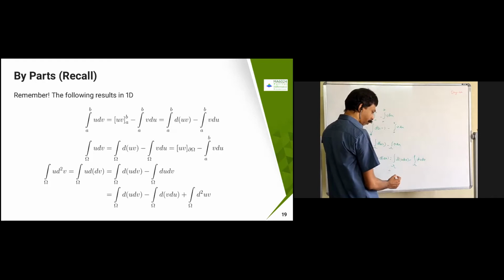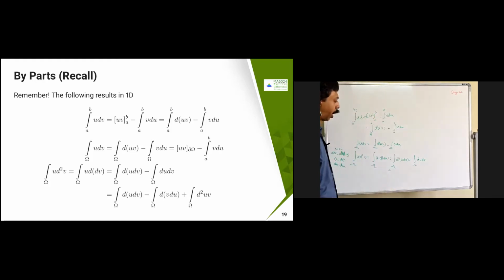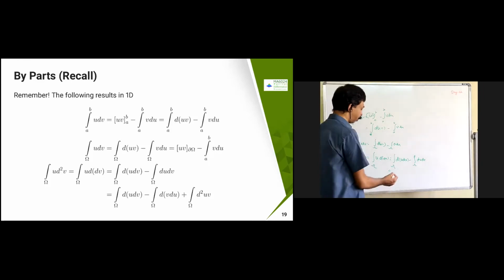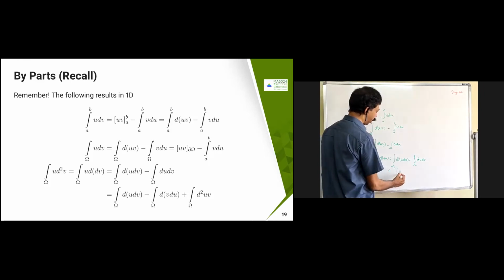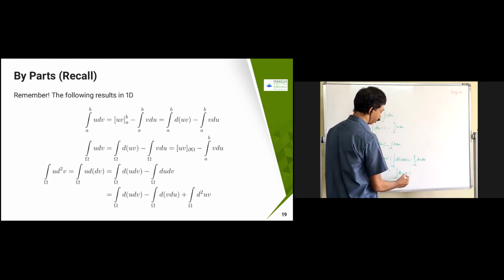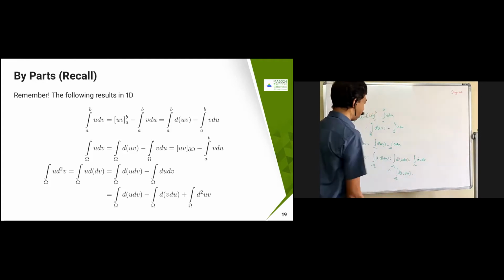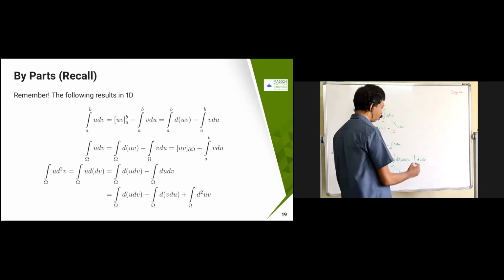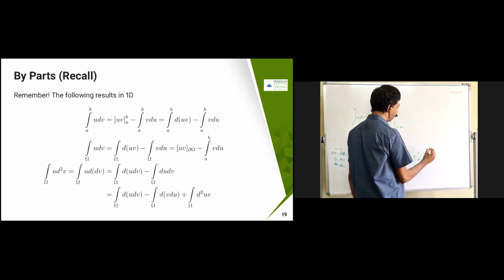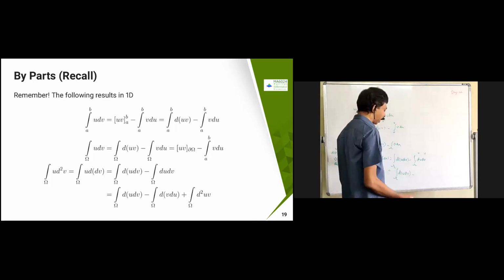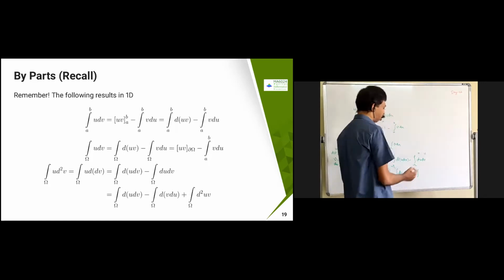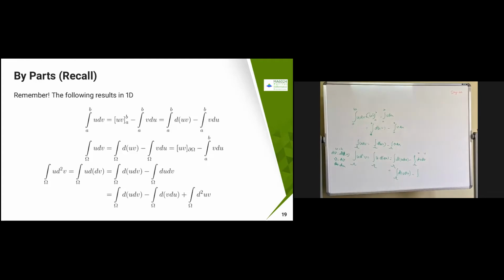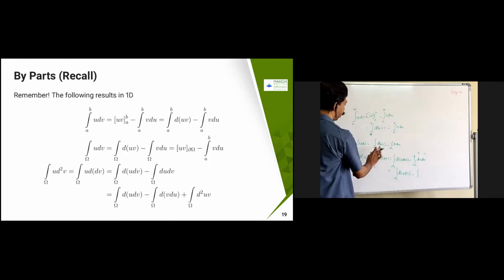So I apply the same formula again to the second term. Here I take u as du and dv as dv, so again I apply d of (uv).